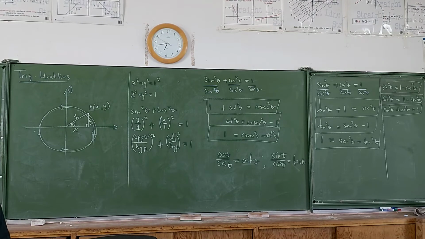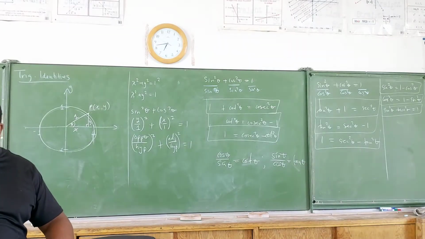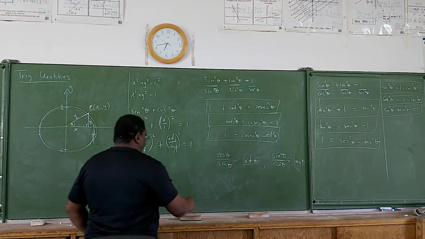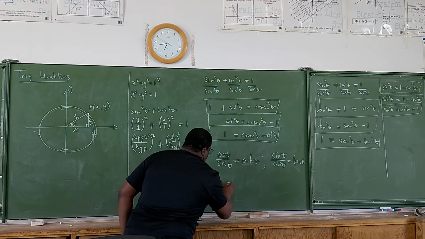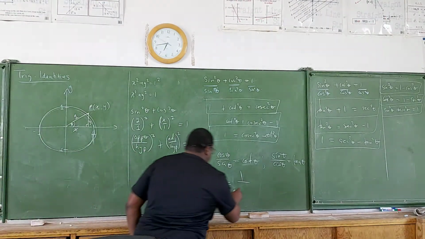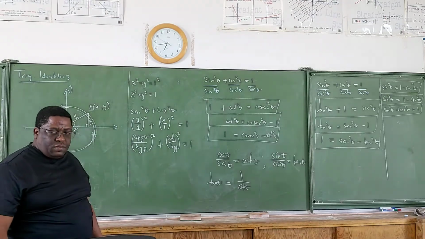From the general one. Now, we also have other reciprocal ones that we have mentioned. Tan theta is equal to 1 over cot theta. So you get 1 over cot theta, you can change it to tan theta.